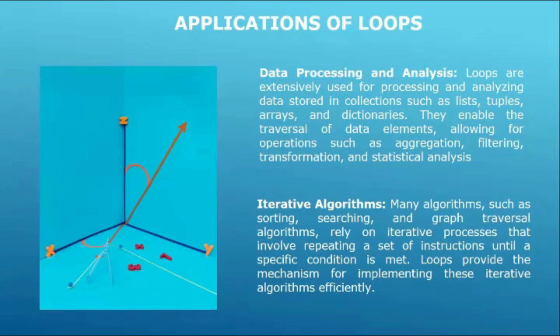Data processing is nothing but, before analyzing the data, we need to process it. If a given data set is there, I may want to filter out any value which is unnecessary or not required, and then I can analyze my data. So for processing as well as analyzing my data, I can use loops effectively.